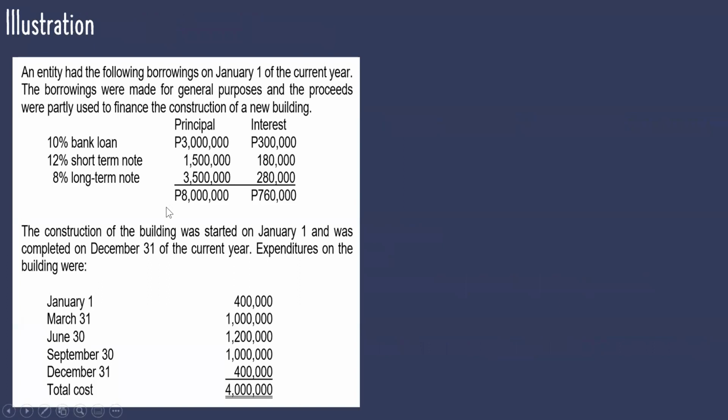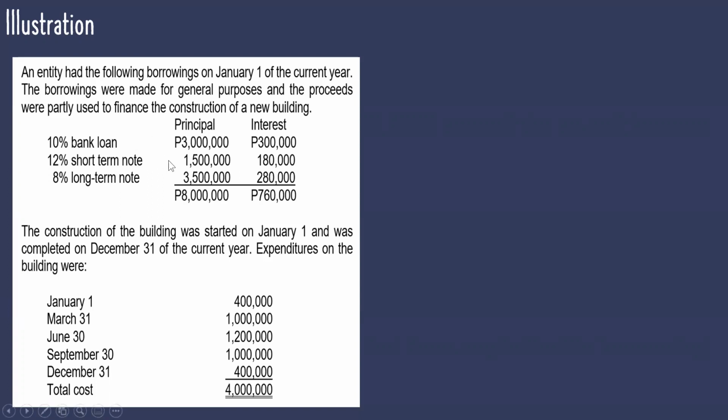This is the illustration where the borrowing is general. An entity had the following borrowings on January 1 of the current year. The borrowings were made for general purposes and the proceeds were partly used to finance the construction of a new building. We have here a 10% bank loan, principal amount 3 million, so the interest is 300,000.